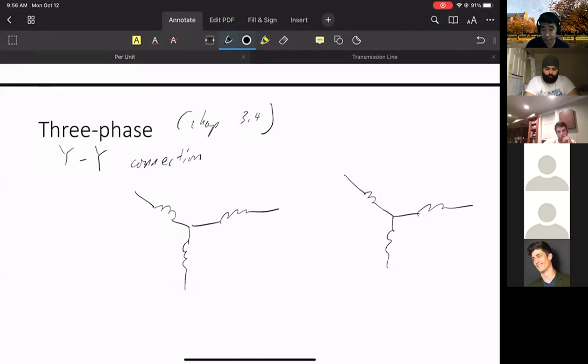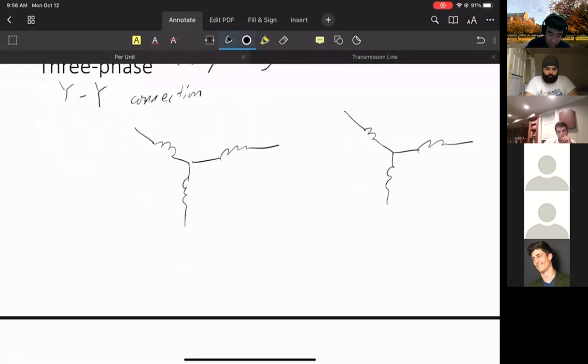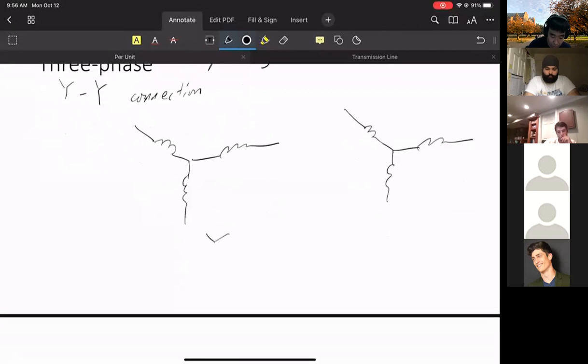If you want to draw this, sometimes you see a symbol like this. Because for a balanced three-phase, we should have no return current, or the return current is 0. So we can draw this point as ground.